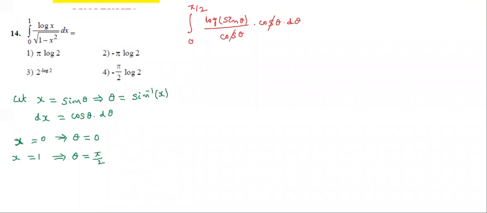Here cos theta cancels. Now we finally get, let I is equal to integration 0 to pi by 2 of log sine theta d theta.